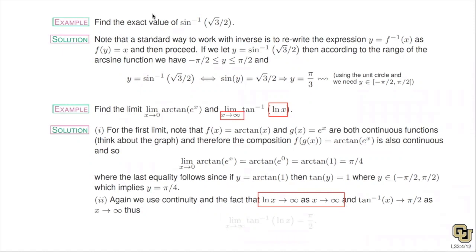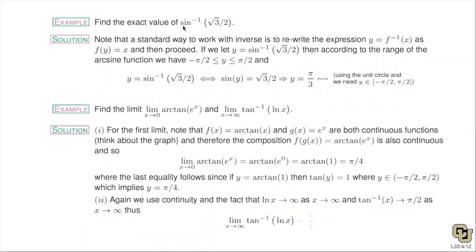So then I want to ask myself, for the arctan function, if the inside of the arctan function blows up to infinity, what happens to arctan? And so again, if you look at the graph, arctan will go to pi over 2 if x goes to infinity. So now we can put all of this together.